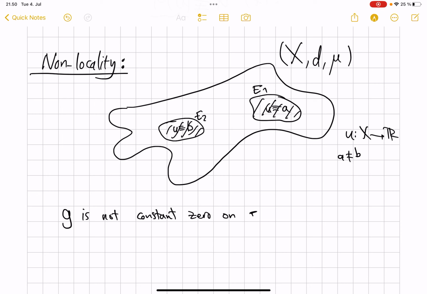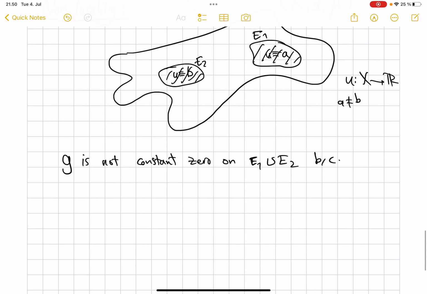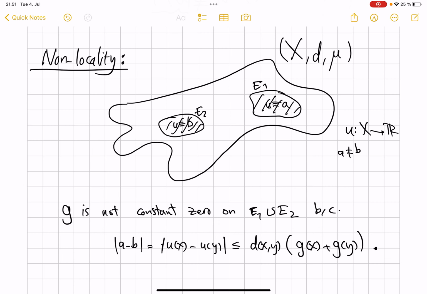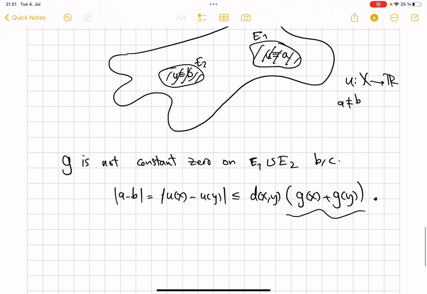It cannot be 0 on E1 union E2, because, well, if you pick two points, one from E1, one from E2, then what you have is that a minus b is u(x) minus u(y), and this should be less than distance of x and y, which is a non-zero number, times g(x) plus g(y). So if we had g constant 0 on this union of these sets, then this side would be 0, this side non-zero, and we would be in trouble.